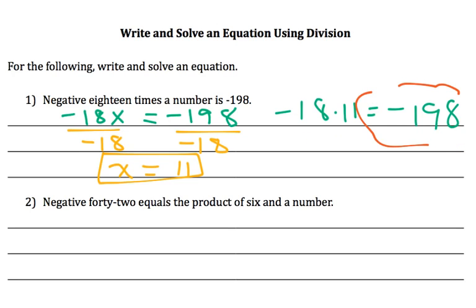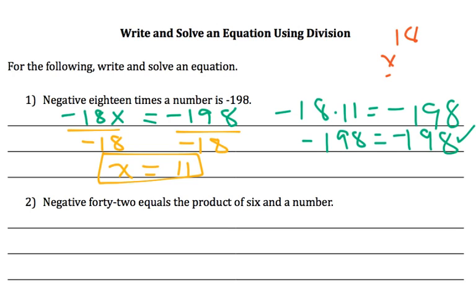This right side is what it should be equal to if we have not made a mistake. So negative 18 times 11, we assume it's negative 198, but it defeats the purpose of a check if you're not getting out a calculator. So type it in or handwrite it to the side and show that 18 times 11 is 198.